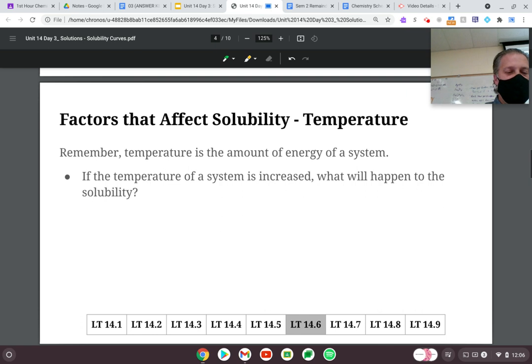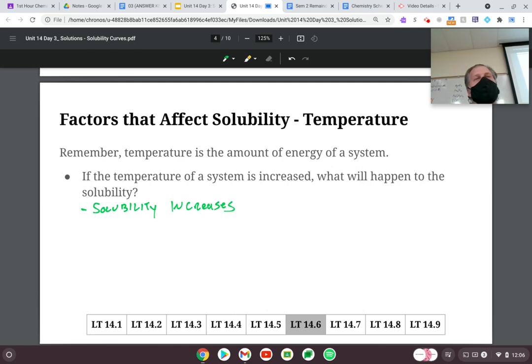Well, the easy answer is solubility increases. If we increase the heat, or add more energy, the solubility of a substance will increase. So why? Well, we are adding more energy to the solvent.